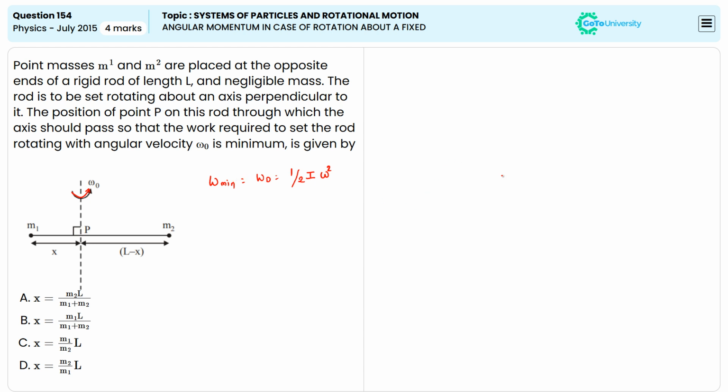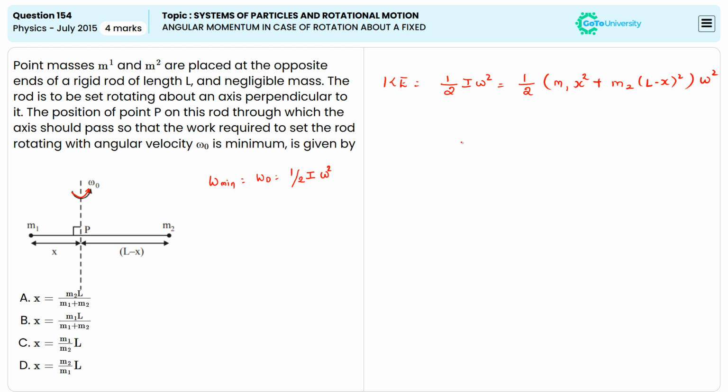Then we can write the kinetic energy of the system as half I omega square, which is equal to half into m1 x square plus m2 into (L minus x) whole square, into omega square.